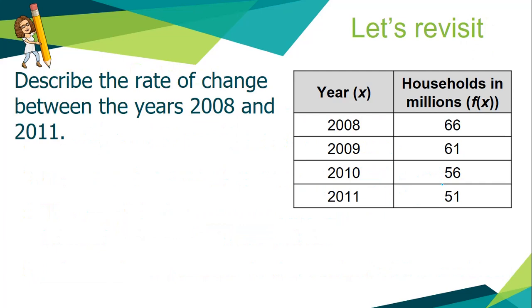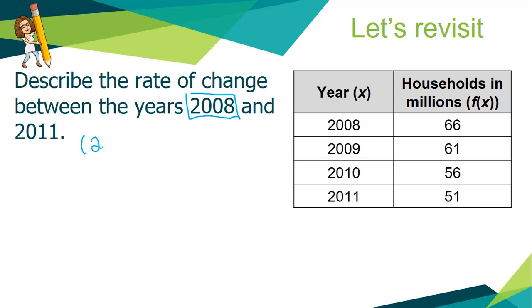So let's flip back here to our start problem. So I want to describe the rate of change between the years of 2008 and 2011. So first thing I need to identify is my starting values. Well, they told me the start value of my interval is 2008.